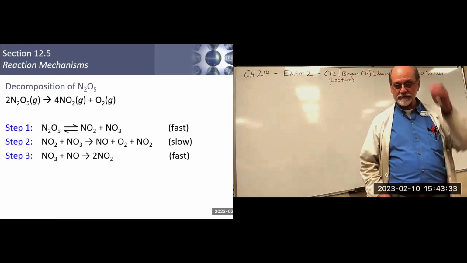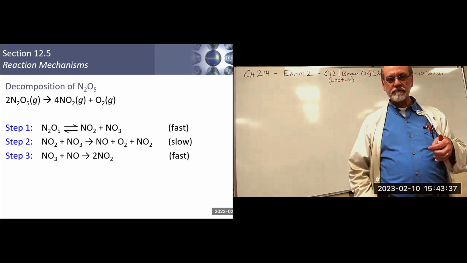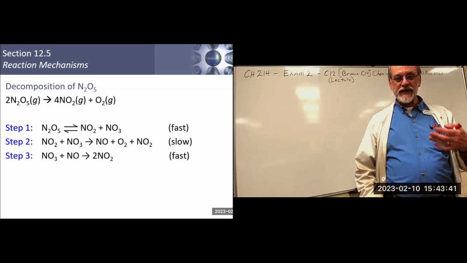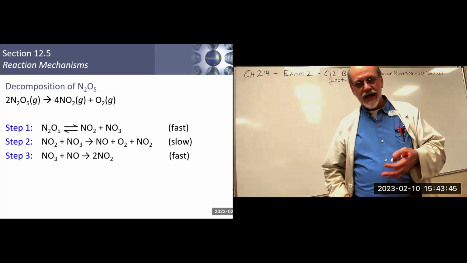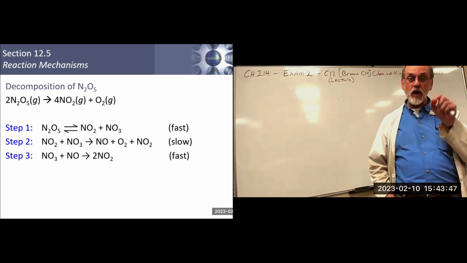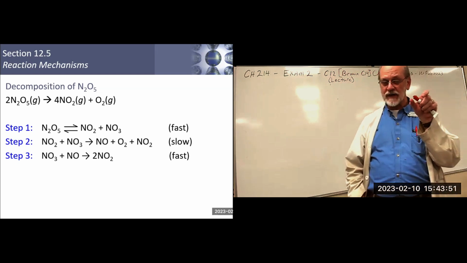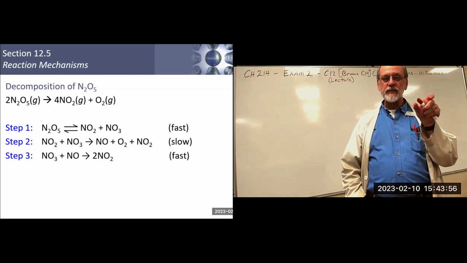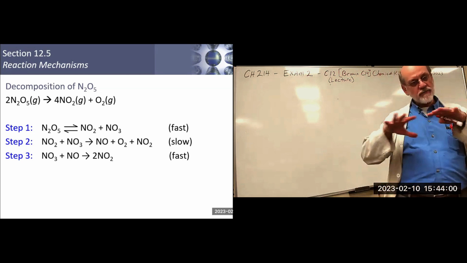In the second step, the NO3 and the NO2 react again, and they produce NO plus O2 plus NO2. And then the NO from that second step, which is not in the overall reaction, reacts with another NO3 to produce two NO2s. Okay, those are the proposed steps.